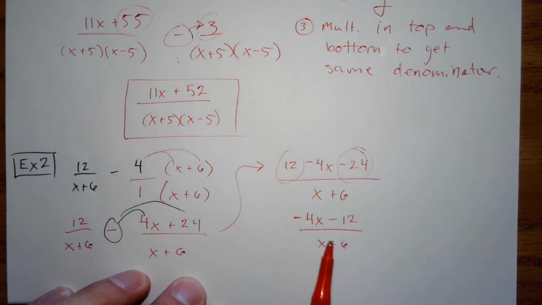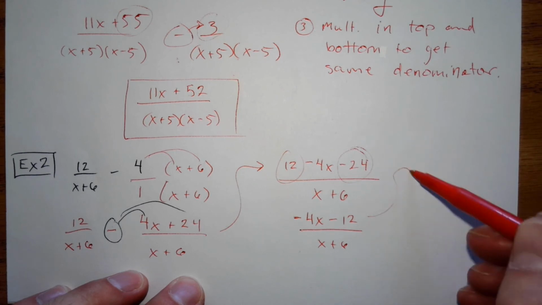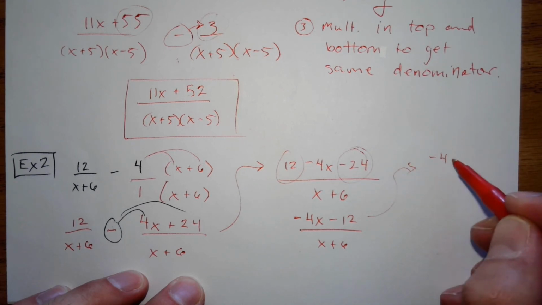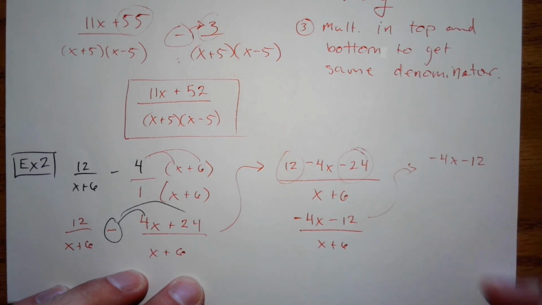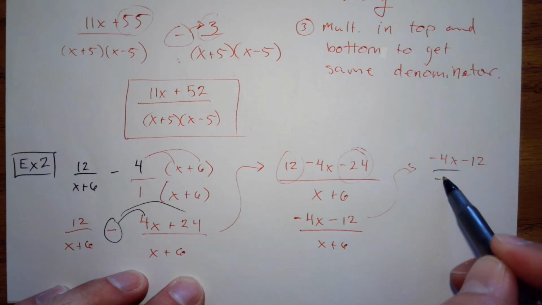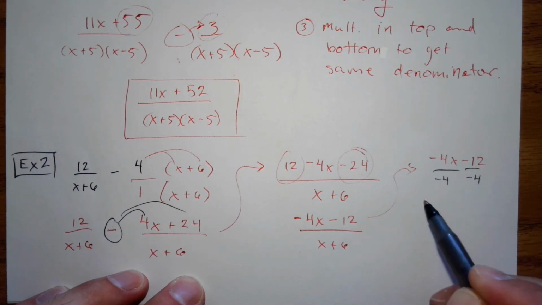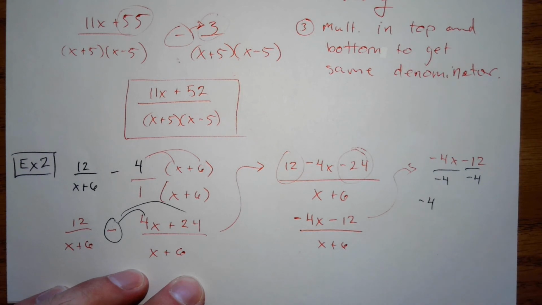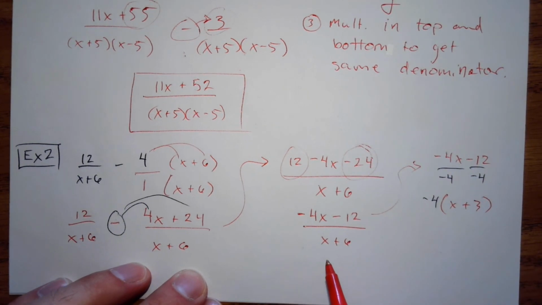And then I can factor the top. So I'm going to try that and see if anything cancels out. In this case, nothing will cancel out, but I'd factor just to see. I can divide by negative 4. Negative 4 on the outside, x plus 3. So then my final answer could be negative 4 times x plus 3 all over x plus 6.